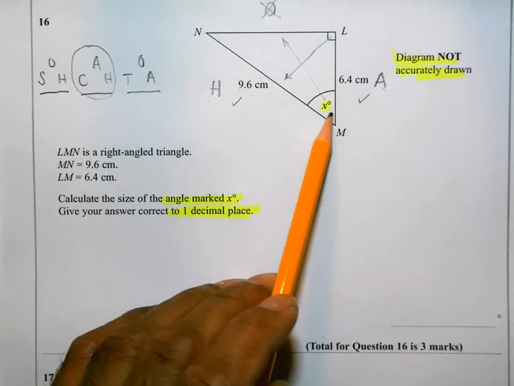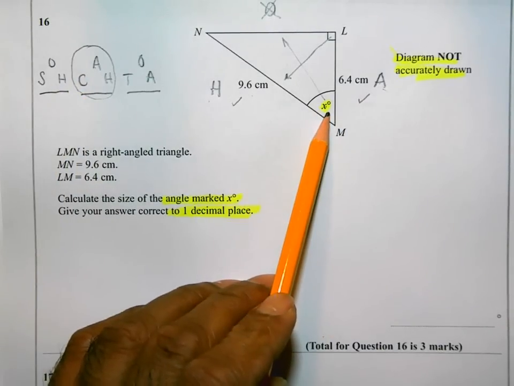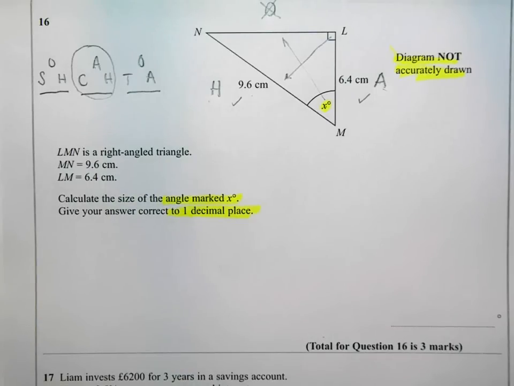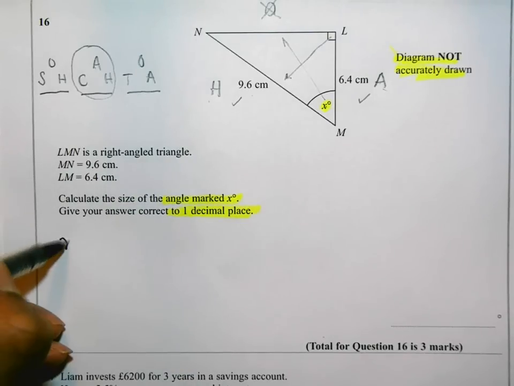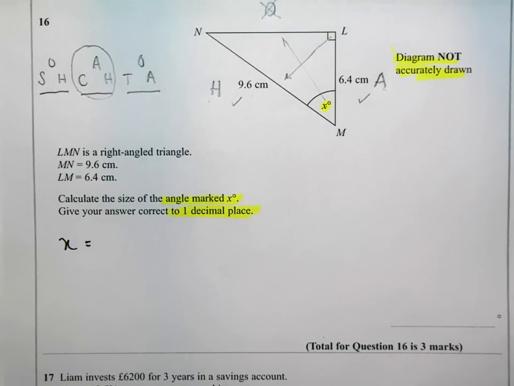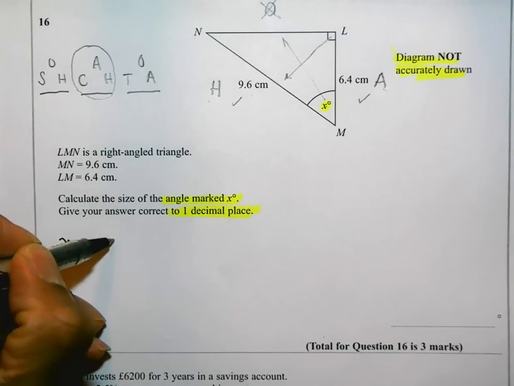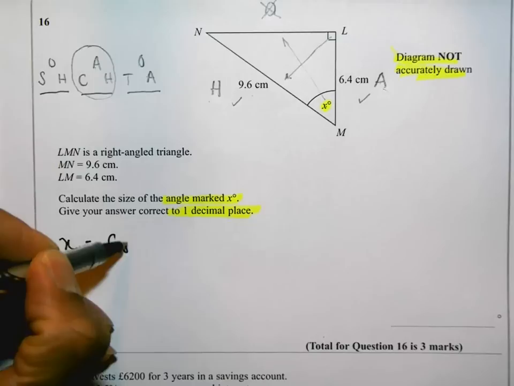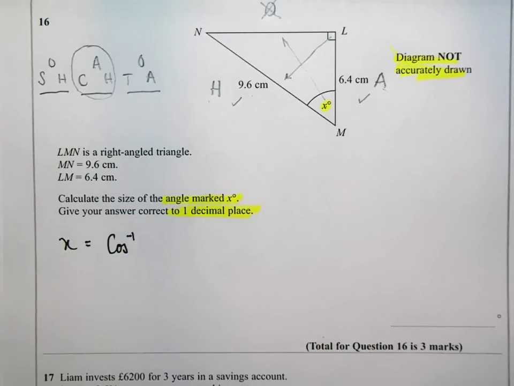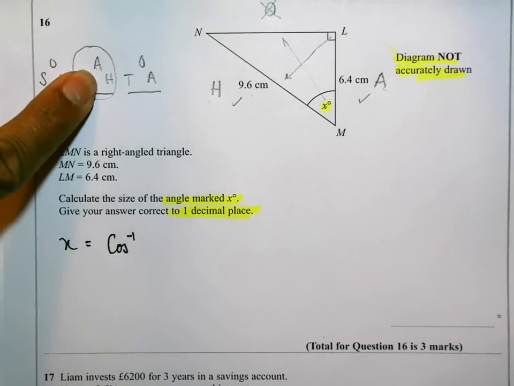I need to work out an angle for this. So to work out X, when you're working out an angle, you need to use the inverse cos. Because I'm working out the angle, I'm going to cover that up, and it's the inverse cos of adjacent divided by hypotenuse.